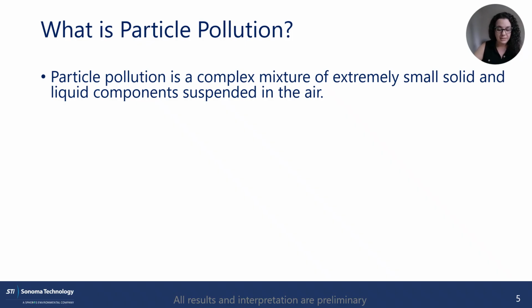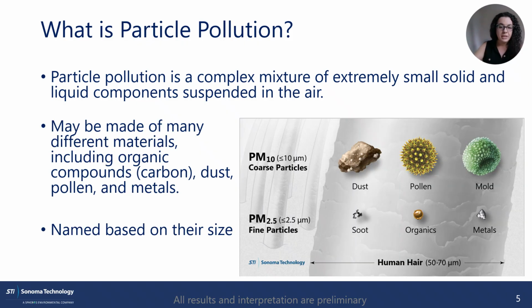So let's talk about particles first. What is particle pollution? It may not be something that you've heard about before. But particle pollution is a complex mixture of extremely small solids or liquids that are suspended in the air. These tiny particles in the air can be made up of many different types of materials.